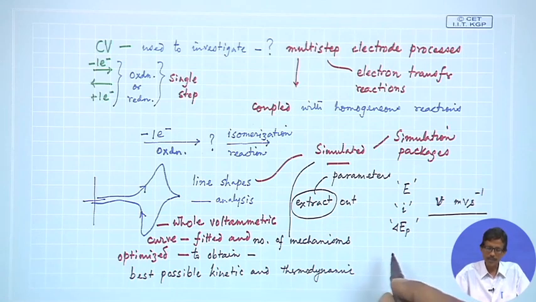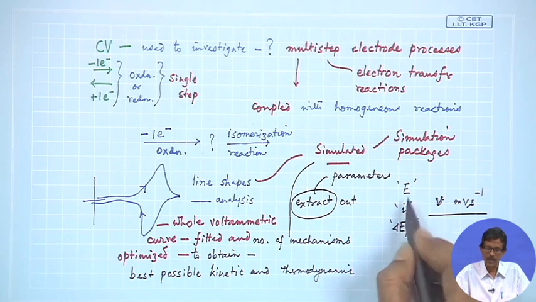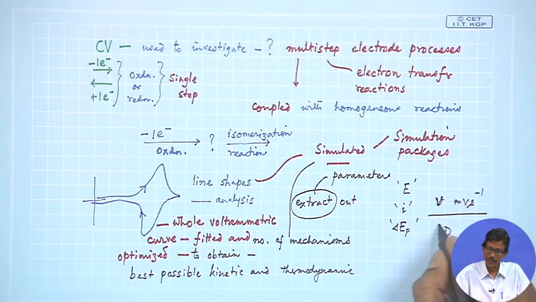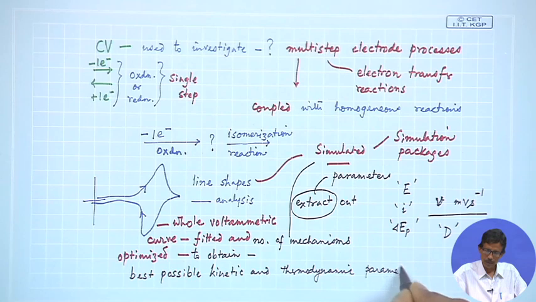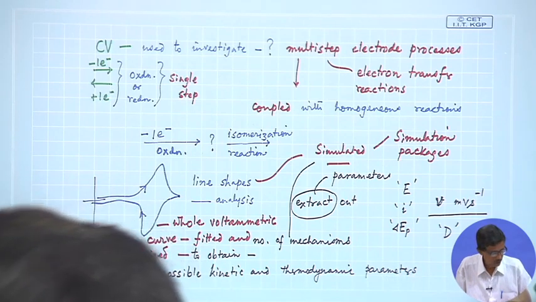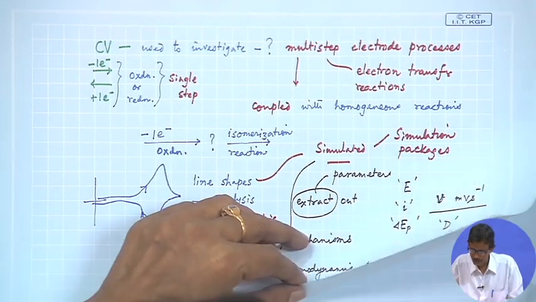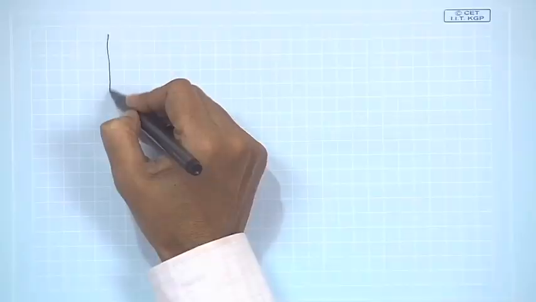Once we establish these in terms of either the current or the potential, we can extract many other parameters like the diffusion coefficient we have discussed earlier. So, it is the best possible way to extract your kinetic and thermodynamic parameters.